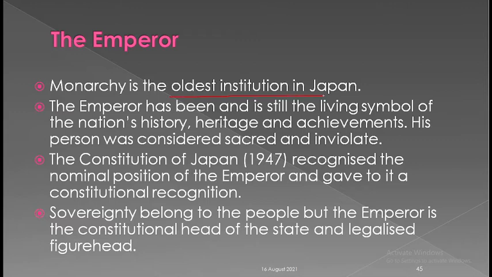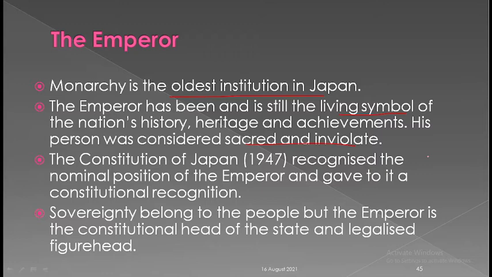Monarchy is the oldest institution in Japan. It began in the 7th century BC. The emperor has been and is still the living symbol of the nation's history, heritage, and achievements. His person was considered sacred and inviolable. In other words, the institution of emperor is highly respected in Japan.